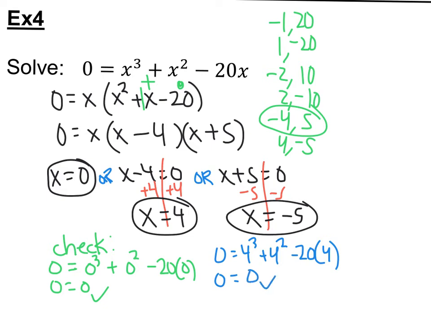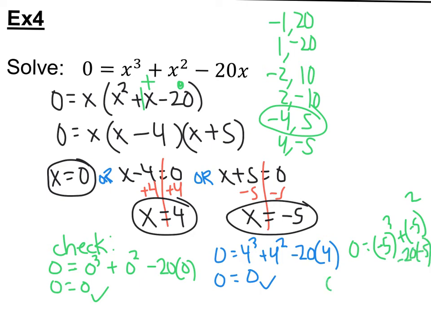So 0 equals 0. And last check, when x is negative 5, again, when you have a negative, you must use parentheses, especially when you have it raised to a power. So negative 5 quantity cubed, plus negative 5 quantity squared, make sure that negative is inside, and then minus 20 times negative 5.